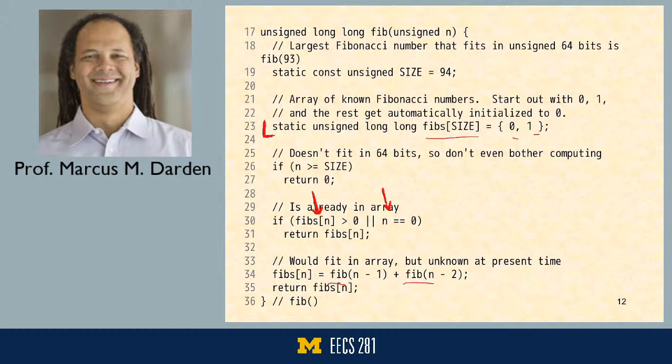It says, give me fibs that holds size elements, and then fill that with 0, 1, 0, 0, 0, 0, 0, 0, 0, all the way up to size. That's what that has done here. So this then is how I turn around and get my base case. My base case is going to go look there.